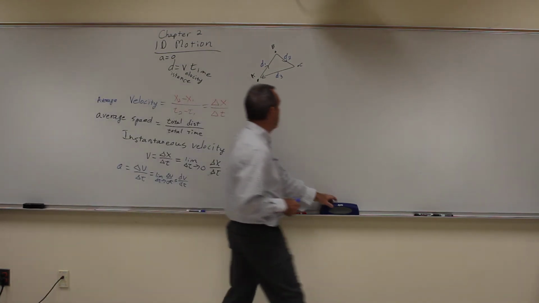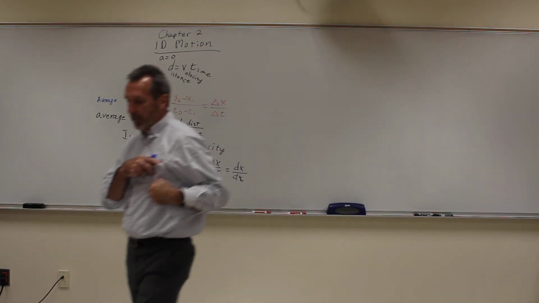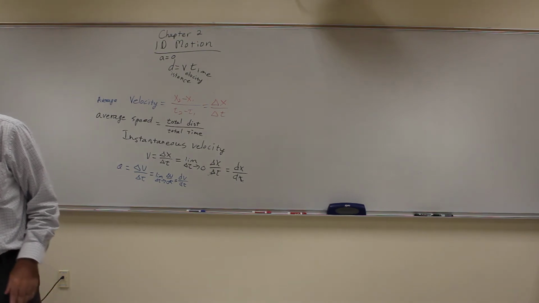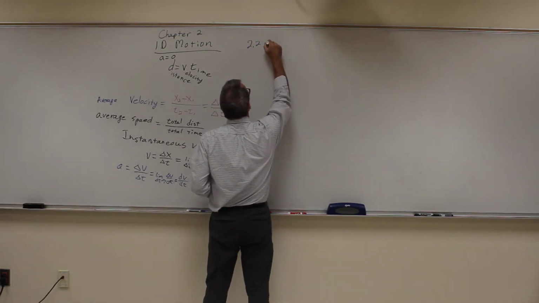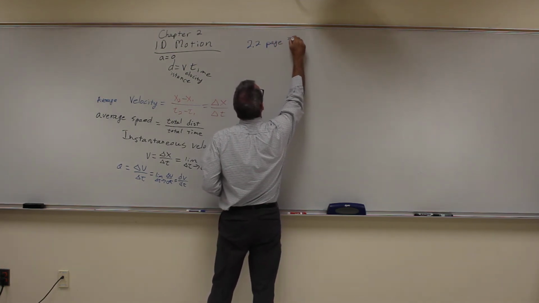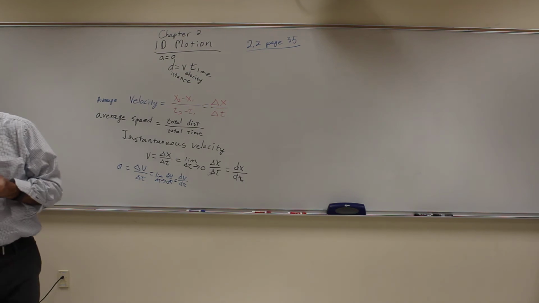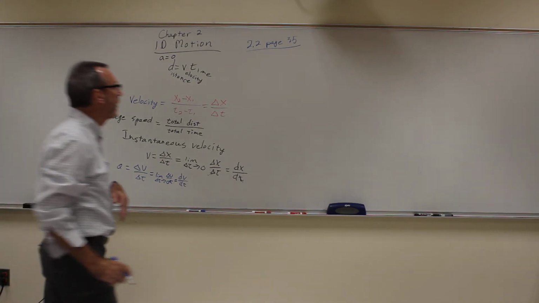All right, so let's do an example. We have an example here, which is number 2.2 on page 35. And in this one it says, Bob leaves home in Chicago at 9 a.m. and drives east at 60 miles per hour. Okay?